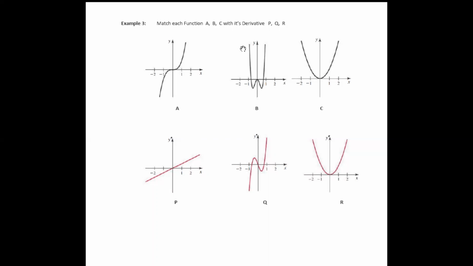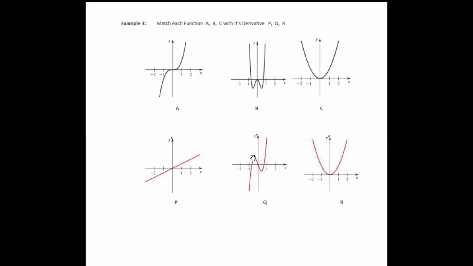Now let's look at B. B has a slope that's negative, excuse me, from here down to here, the turnaround point. Well, we want to find a graph that's below the axis from here to about here. And wouldn't that be this? And then it has a positive slope from here to here, and we want it above the x-axis from here to here.